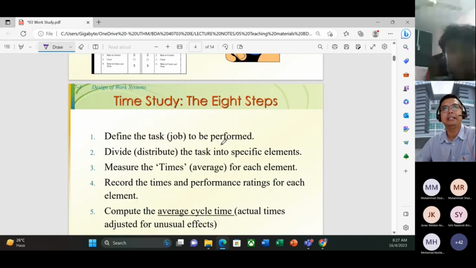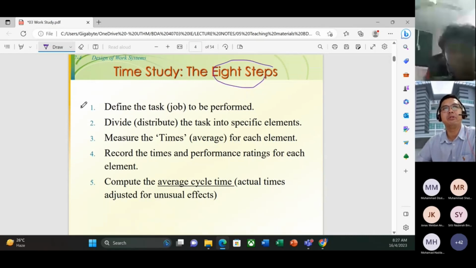In order to calculate the time study, there are 8 steps. The first one, we have to define the task or job to be performed. So we want to observe the sequence of the job task: step number one, step number two, step number three, until the end of the steps.